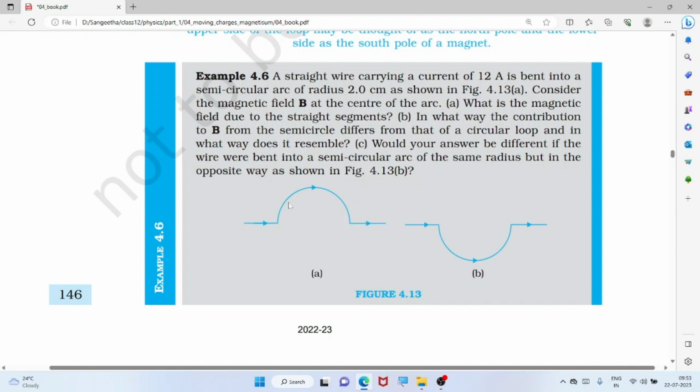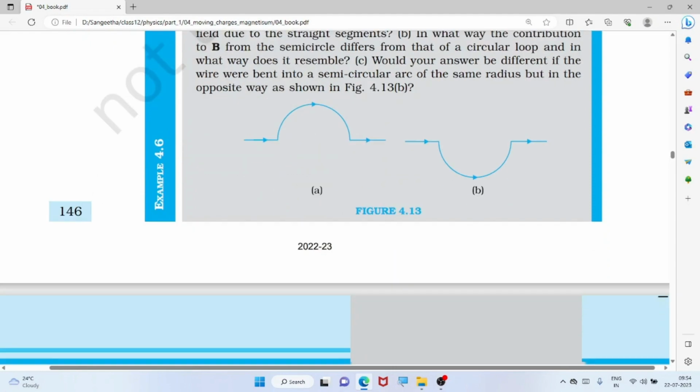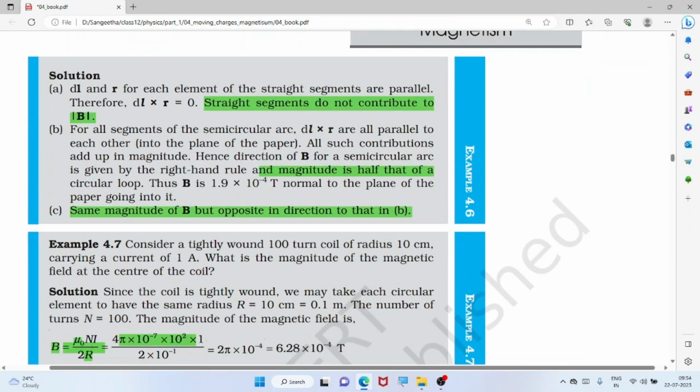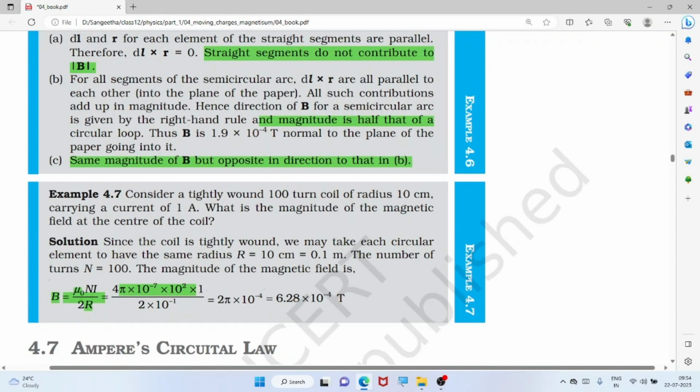See, the magnetic field due to this half circle is half of that of one full circle, so you can go through this problem. Straight segments do not contribute to B because they are along the magnetic field direction. And the field is half of that of the circular loop.